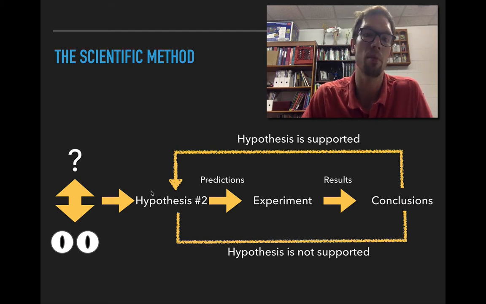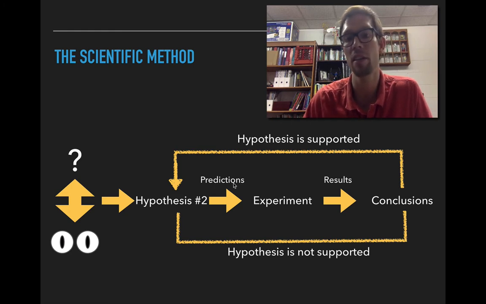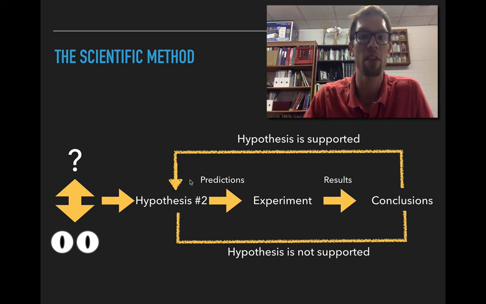A hypothesis that you might come up with is that the batteries in the remote are dead. A prediction you might make is, if you change the batteries, then the remote will work. The experiment's pretty straightforward. You would change the batteries, and then the results of the experiment would be whether it did in fact fix the problem, in which case your hypothesis is supported.